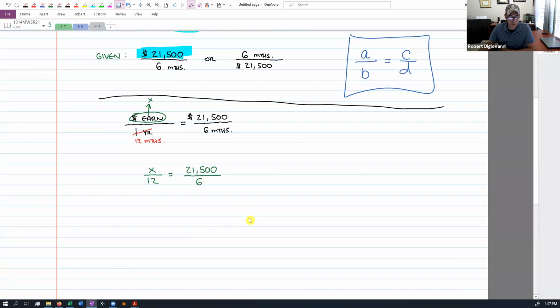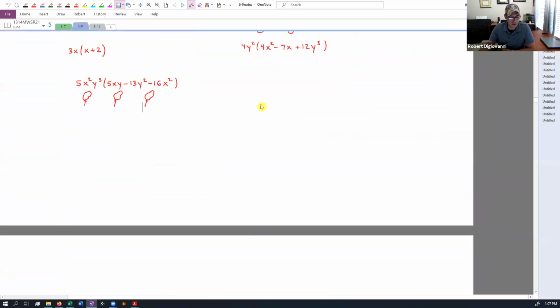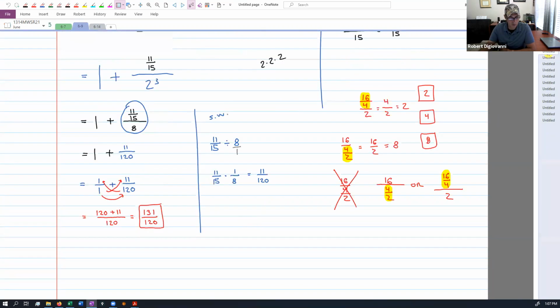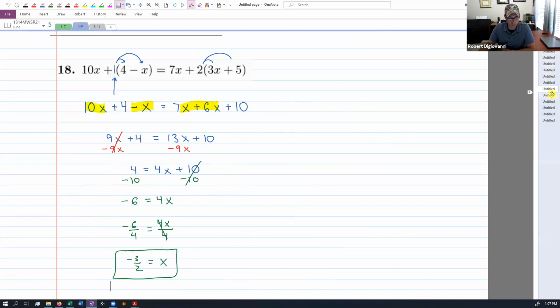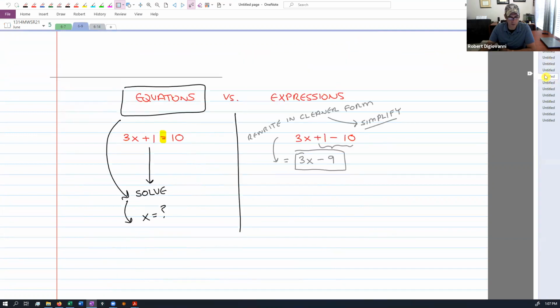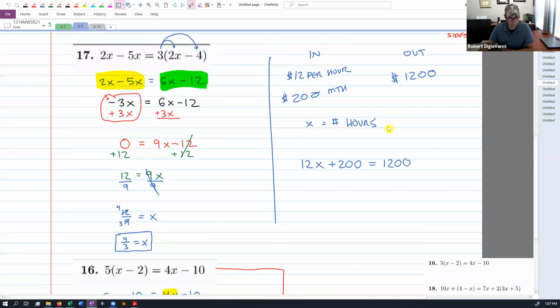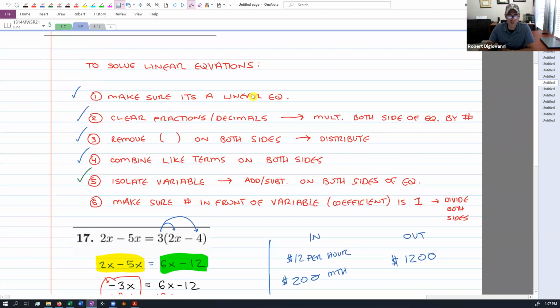First thing we want to do for a linear equation is to make sure it's a linear equation. We talked about this last class, I believe. I gave you all the steps. Let me just bring them up. There they are. Make sure it's a linear equation.